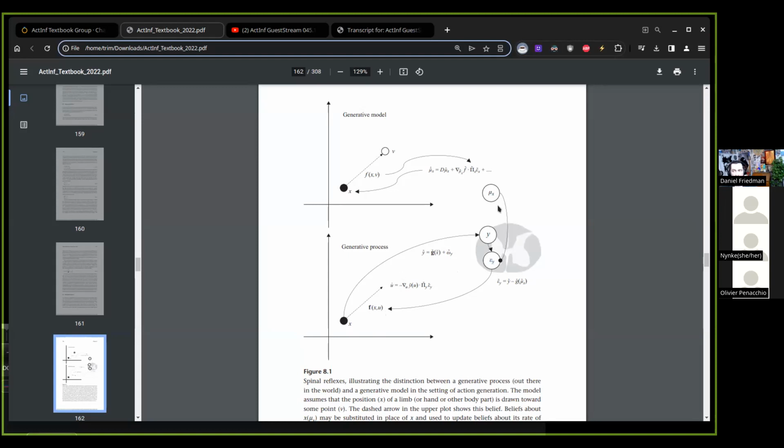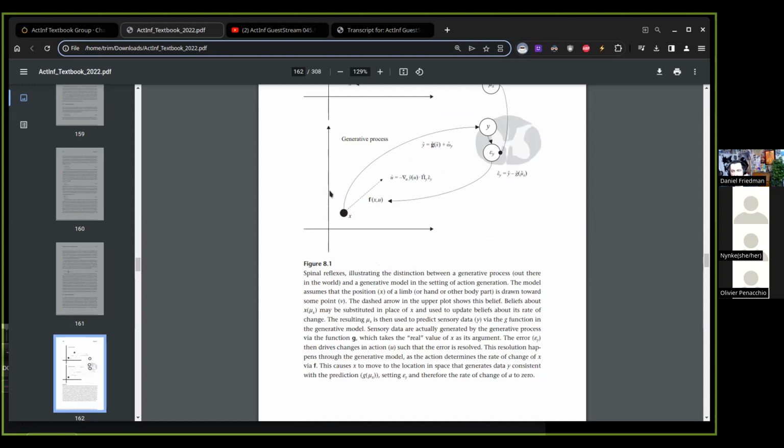Whereas when there is a discrepancy between the expectation of proprioception and the incoming proprioception, this triggers a discrepancy, and that discrepancy is resolved through movement. So now that example from chapter 5 is being reapproached using the formalisms and the continuous time setting that we see in chapter 8.